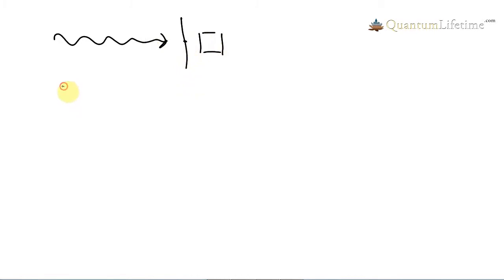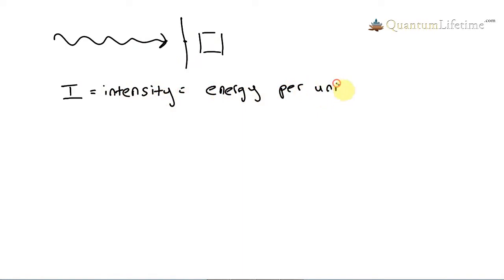So intensity, which is often denoted by a capital letter I, equals energy per unit area per unit time.